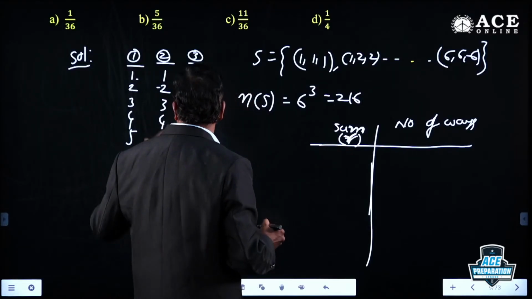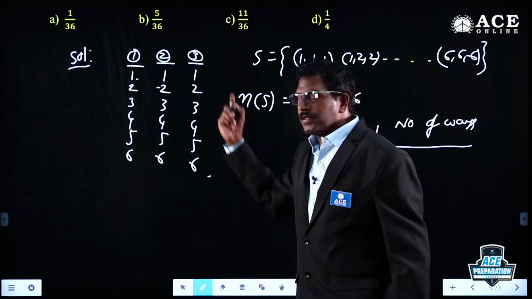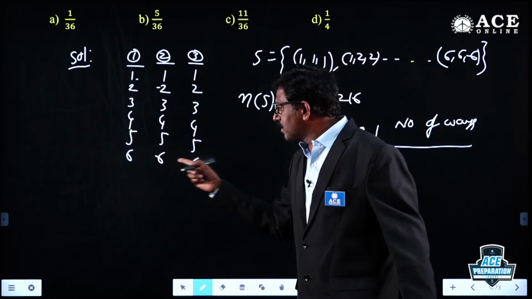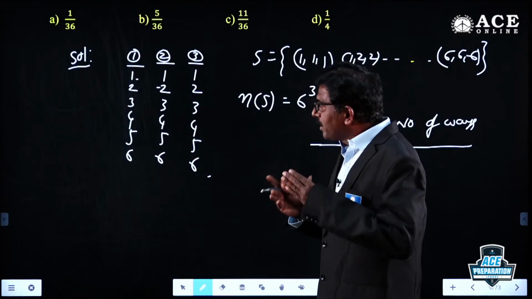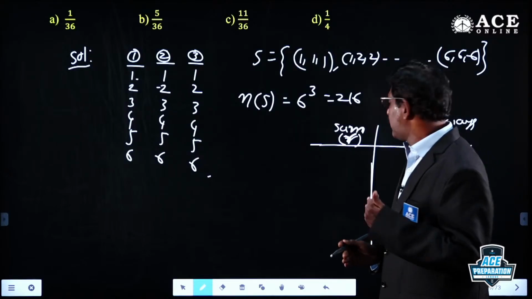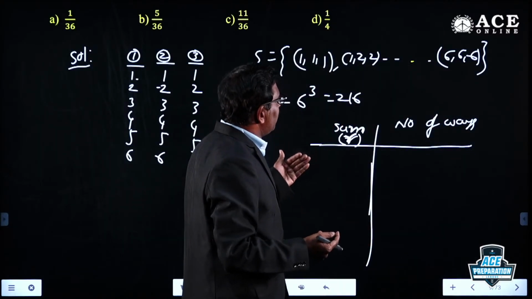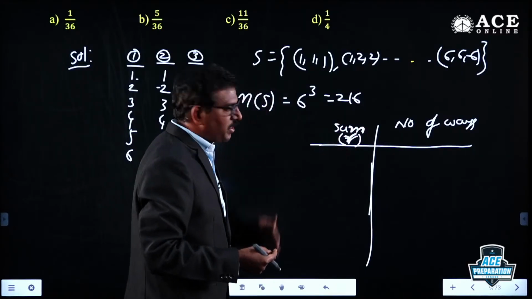For a 3-dice problem, what is the minimum possible sum? 3, that is 1 plus 1 plus 1. What is the maximum possible sum? 6 plus 6 plus 6, 18. So the minimum sum is 3 and the maximum sum is 18, which means the sum oscillates between 3 and 18. Using this simple table, you can solve every 3-dice problem.